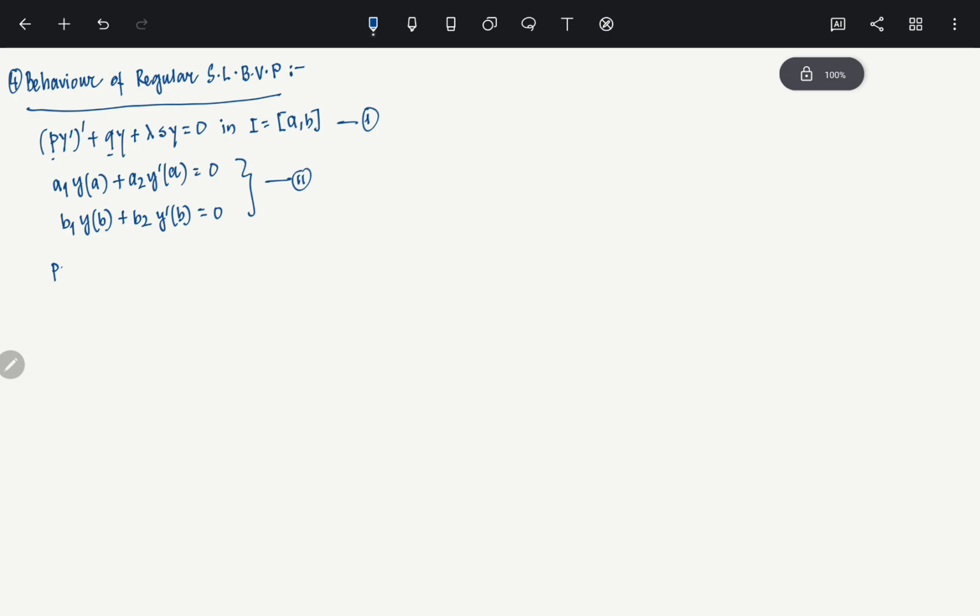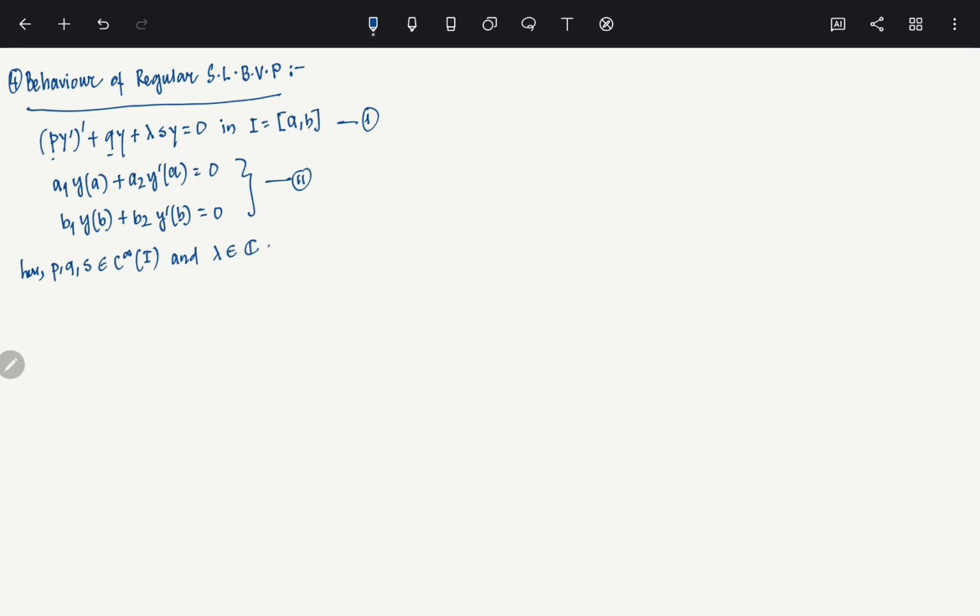Here we will be assuming p, q, s are C infinity of I. What do I mean by this? Here we mean that all of these given functions p, q and s are smooth functions on the interval I = (a, b), and we are assuming lambda is in C.